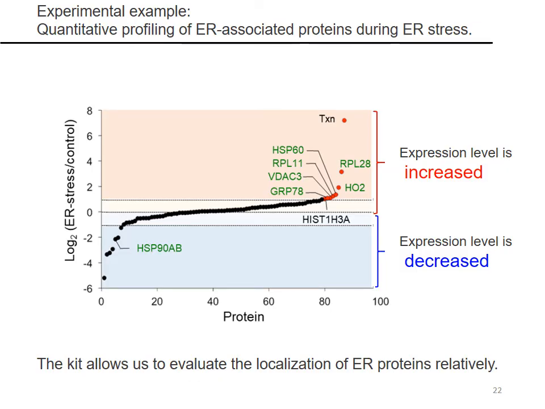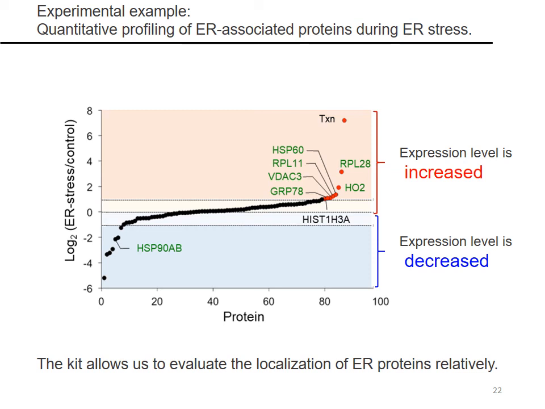Another experiment example is ER stress quantitative profiling. ER stress is one of the interesting topics in cell biology and indicates abnormal function of the ER caused by extracellular drug stimulation. ER stress is also seriously related to various diseases such as ALS, Alzheimer's disease, and so on.